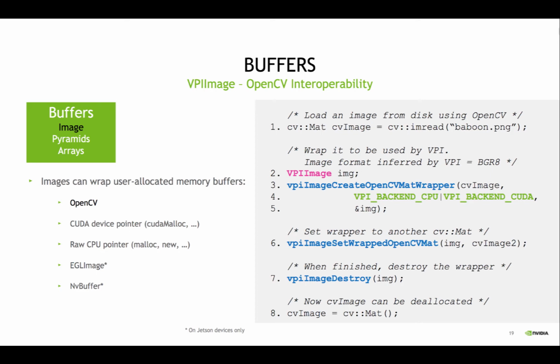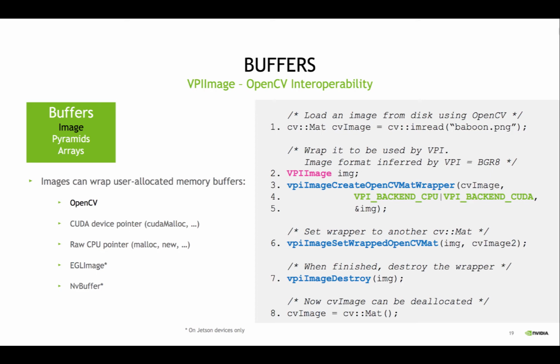VPI will automatically handle the memory management operations to make the OpenCV memory accessible to CUDA when needed. This particular wrapping call infers the VPI image format from some cv::Mat characteristics. In this case, three 8-bit channels are understood to be BGR8, a common pattern adopted by OpenCV.